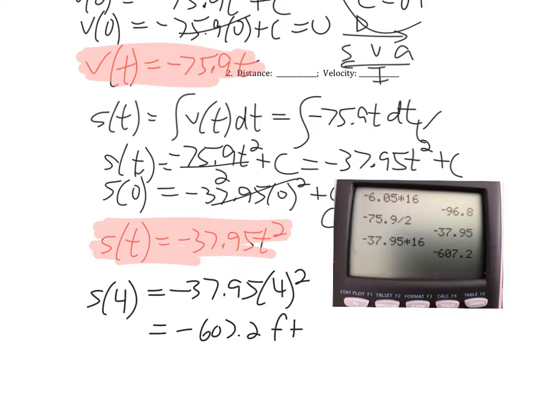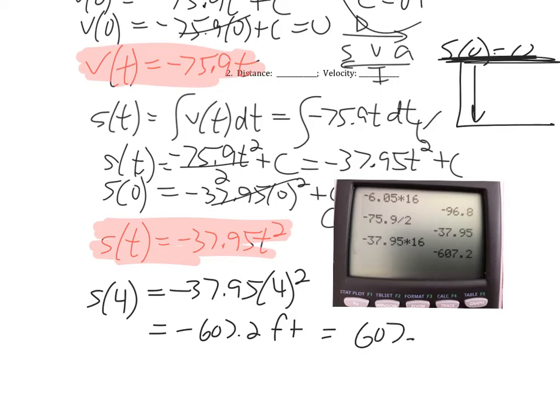And once again, the reason why it's negative is because we started off assuming that s of 0 is 0, so the height at the top of the cliff was 0. It dropped 607.2 feet. So we say our answer for the distance is 607.2 feet.